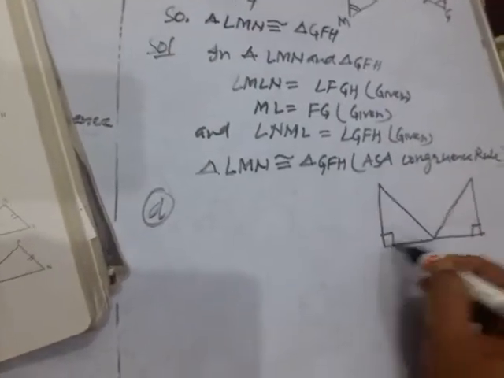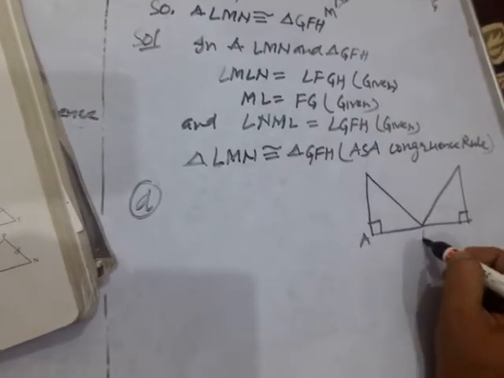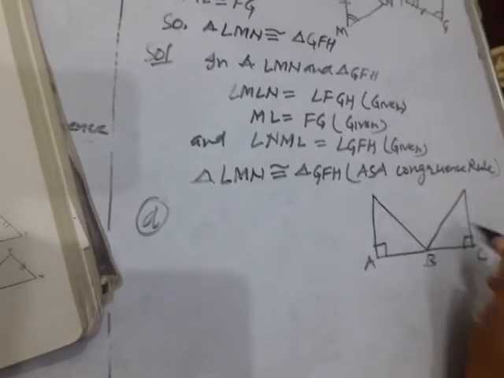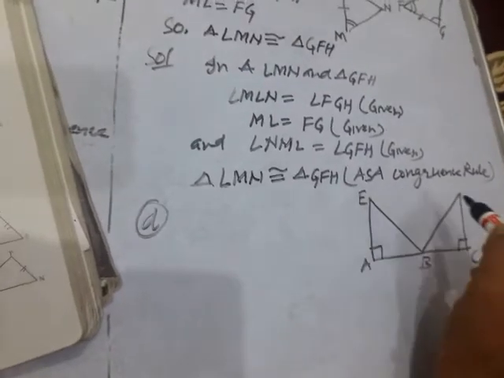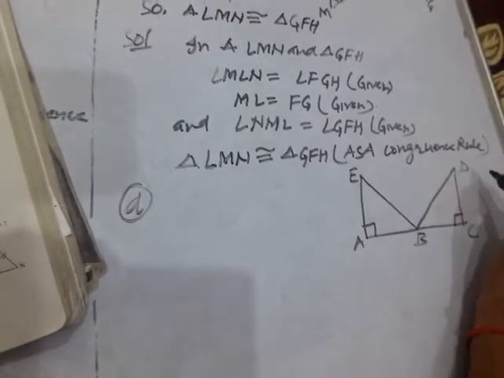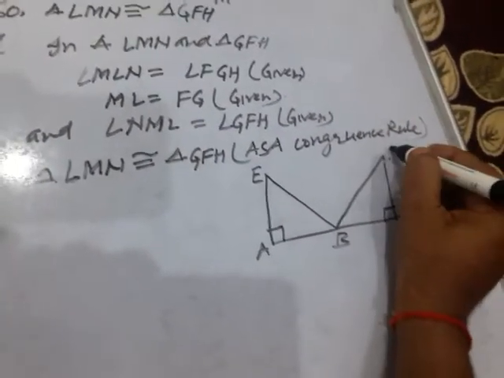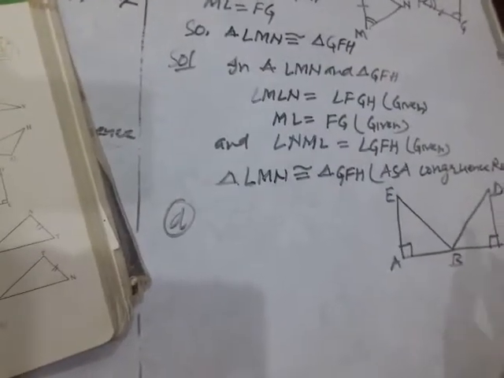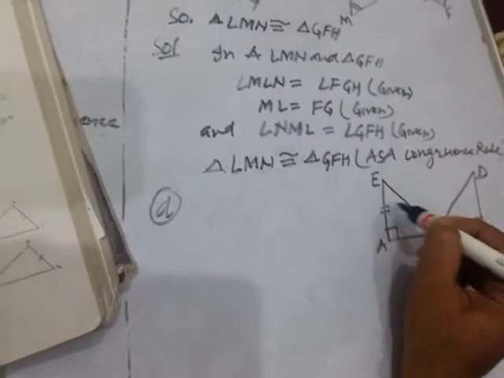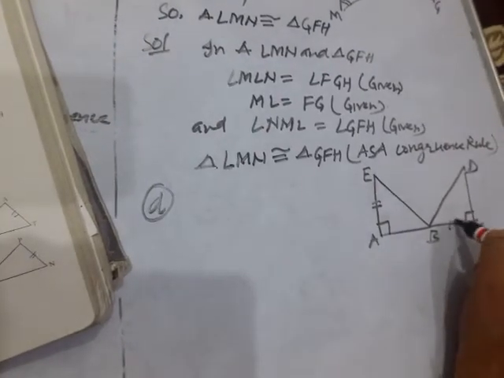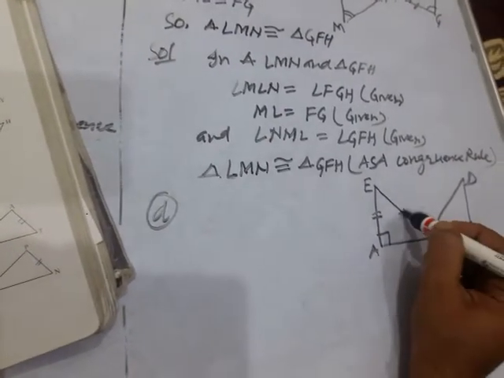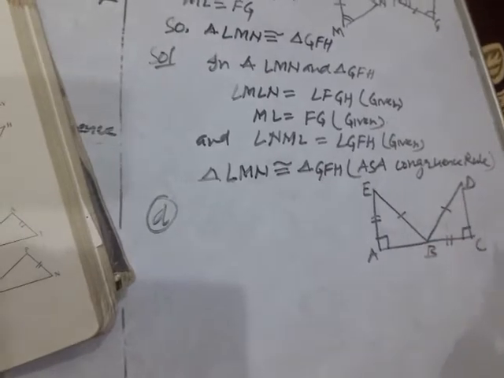This is A, this is B, this is C, this is E, and this is D. Clear, children? What similarities are given? This side is equal to this side, and this side is equal to this side, right?